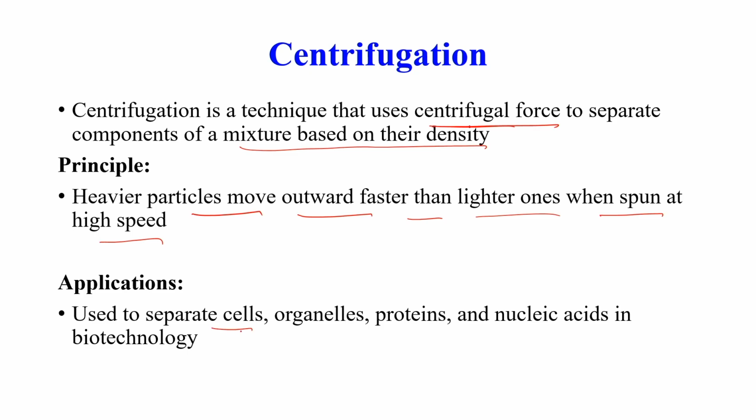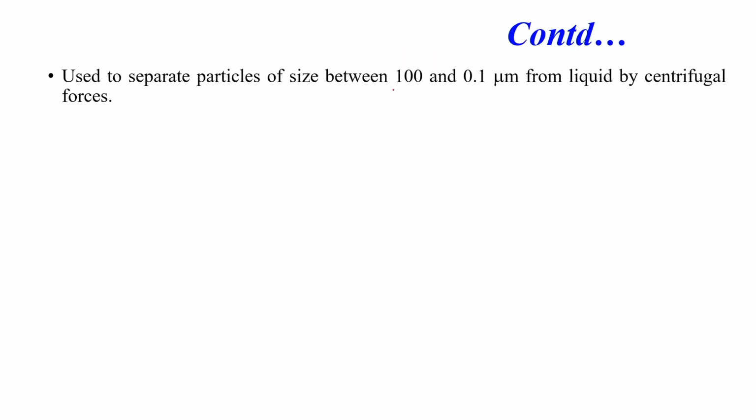Application: it is used to separate cells. In addition, if it is an intracellular product, this method is also applied to separate organelles or debris. It can also be applied to separate proteins, even nucleic acids at very high speed. So, what is the size range? A typical size range is 100 to 0.1 micrometer.